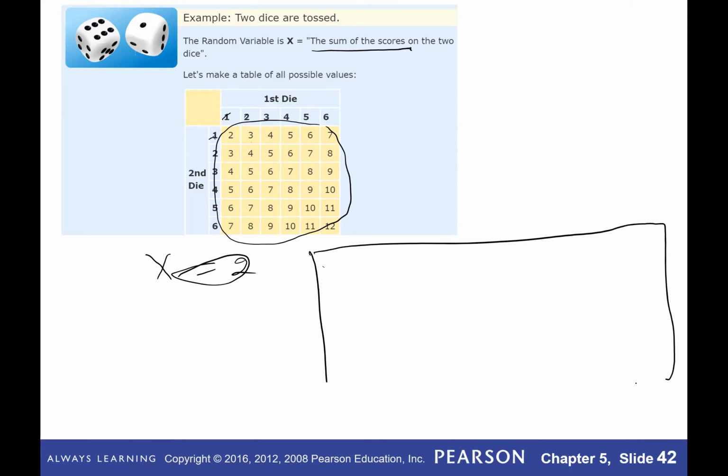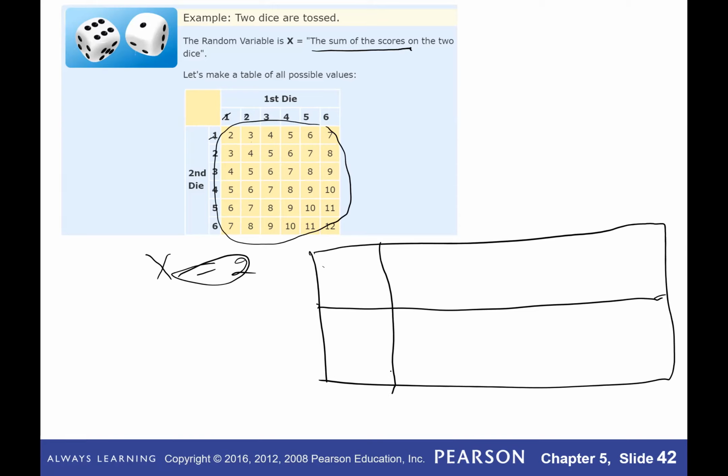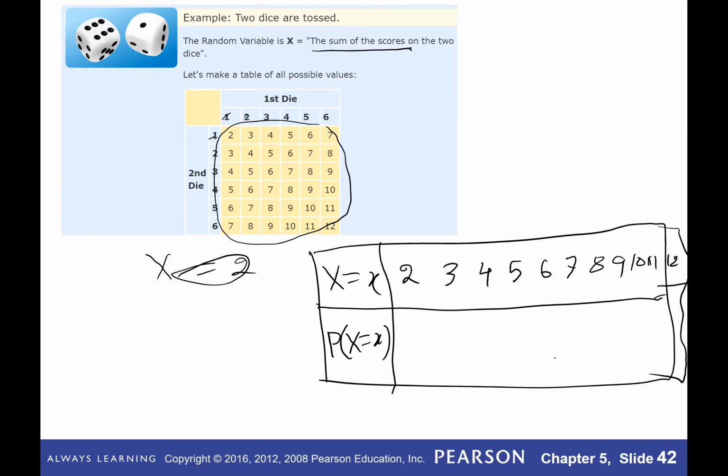Now we will write the probability distribution. You can write it column wise or row wise, it's fine. X equal x and probability of X equal x. The possible values are 2, 3, 4, 5, 6, 7, 8, 9, 10, sorry, 11, and 12. Now we have to write the corresponding probability.